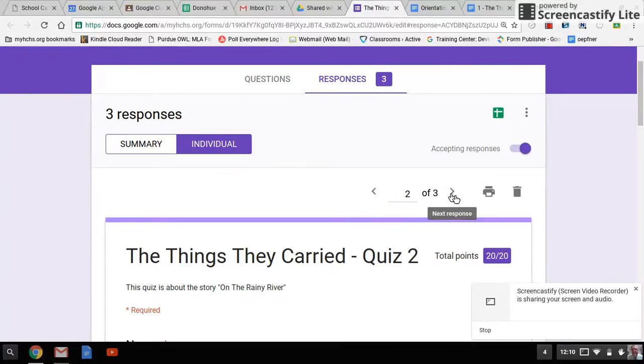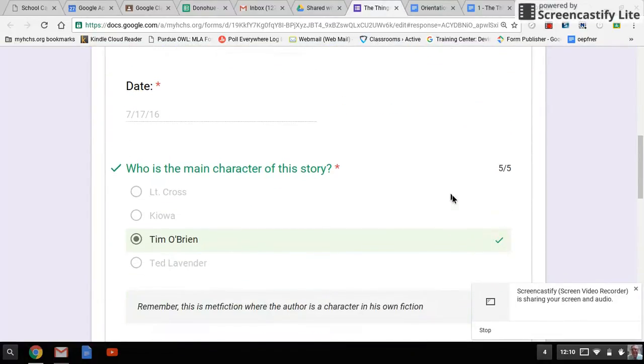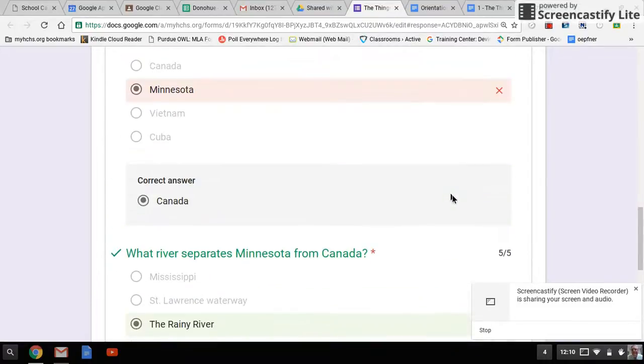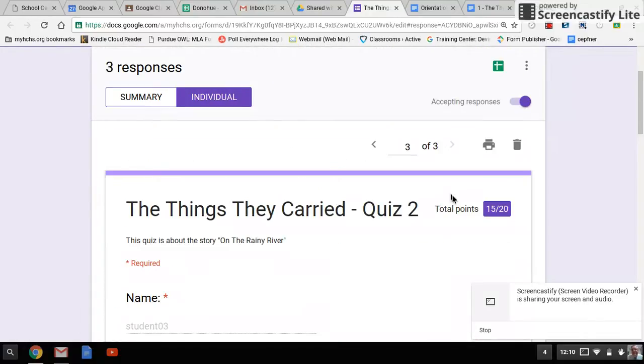You can scroll down the whole. So I want to look at the one that we just did, right? Student 03. And it'll tell me exactly what they put. It'll show the teacher exactly what the students chose and give the point values as well.